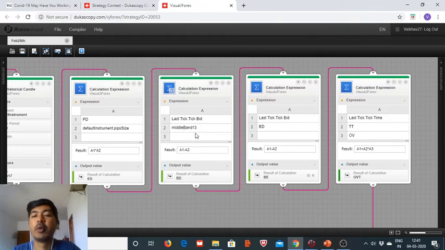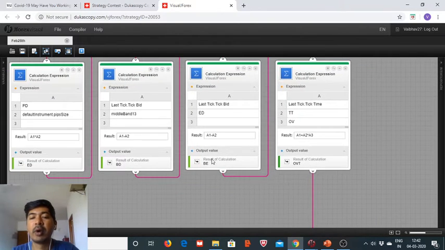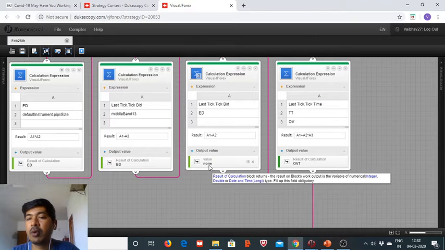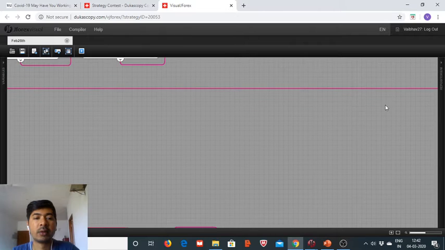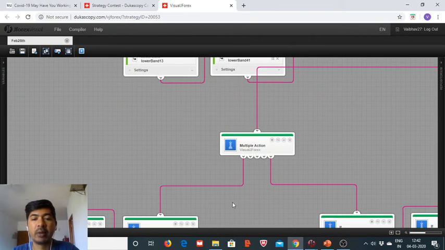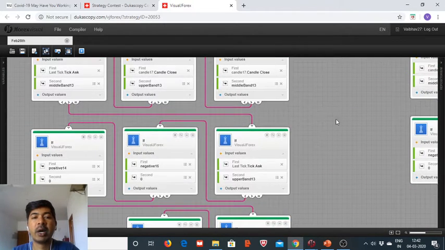Whenever the difference will be more than 10 pips, the order will be executed as per the pending order condition. Otherwise it will simply be executed at market prices, and this is the last tick bid minus the execution difference, that is 10 pips we will be subtracting for the buy value, and this is the order validity condition of 2 hours. So using that, we have developed this buy side.